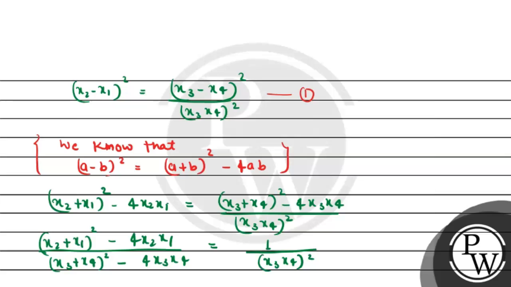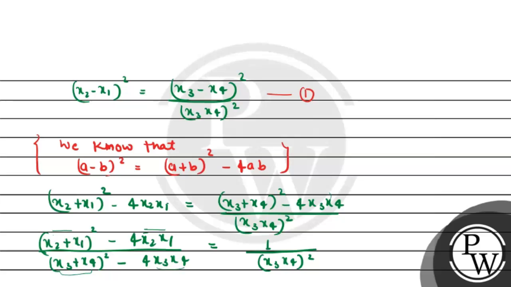We brought the numerator term into the denominator on the LHS side. Now we have to put in the values of the sum of roots and product of roots. x1 and x2 are roots of our first quadratic equation, so this is the sum of roots and this is the product of roots. Similarly, in the second quadratic equation, we have the sum of roots and product of roots.